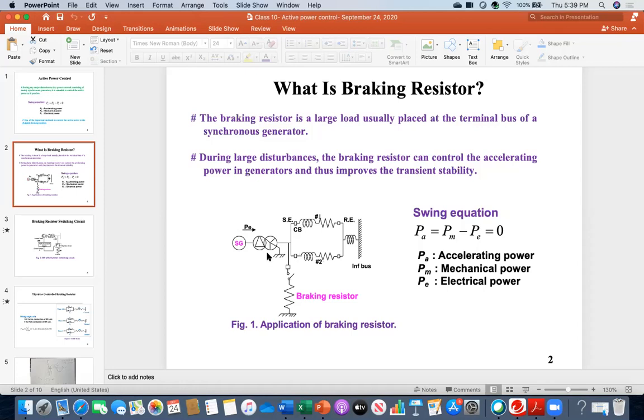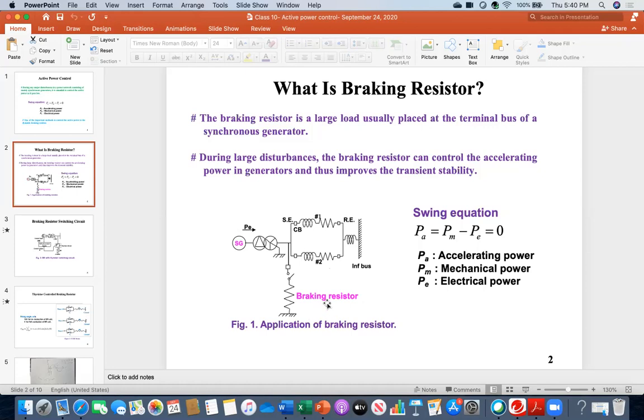Just keep in mind, although I am showing only one line, in fact there are three phases. So this is called a single line diagram. And ultimately, the generator is feeding the infinite bus. Infinite bus means the bus where the voltage and frequency remain constant within a certain limit.